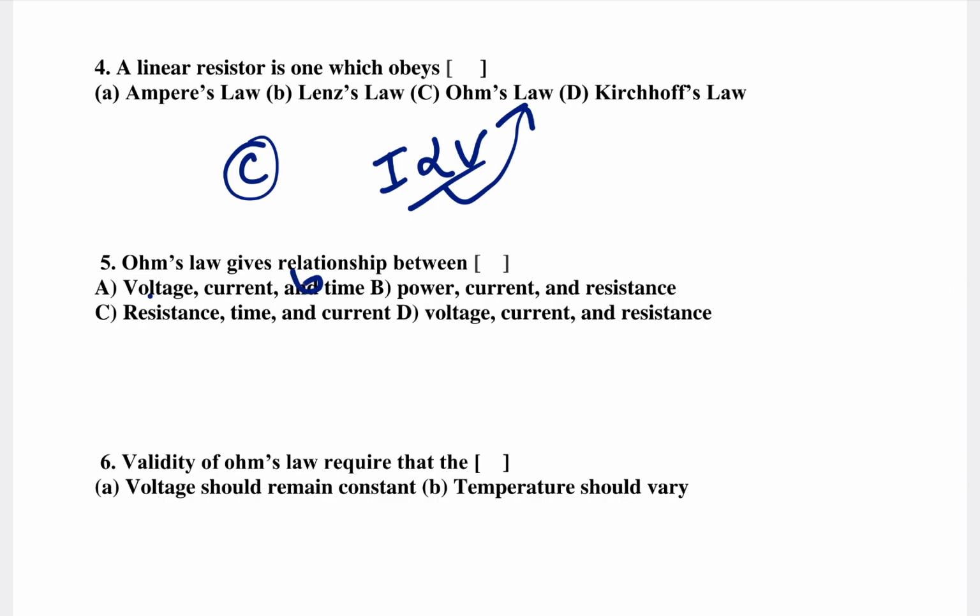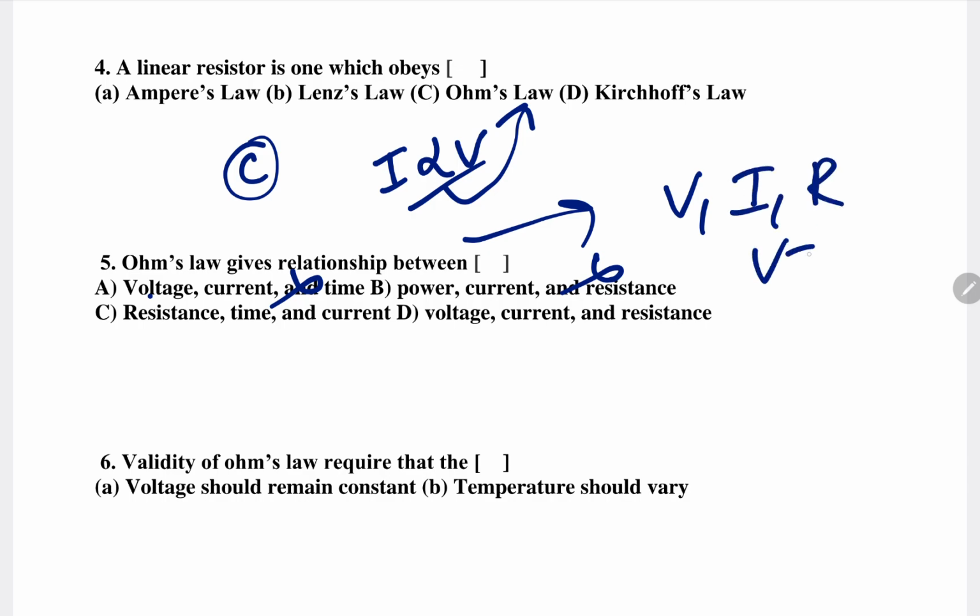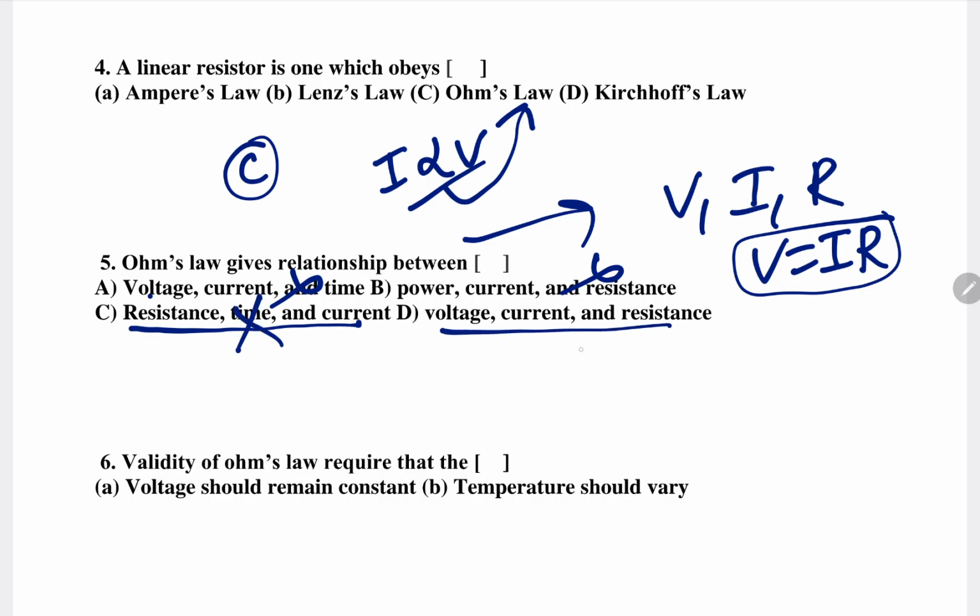Voltage, current, time, not correct. Power, current and resistance, not correct. We know Ohm's law gives the relation between voltage, current and resistance, V equals IR. Resistance, time and current, not time. So voltage, current and resistance.